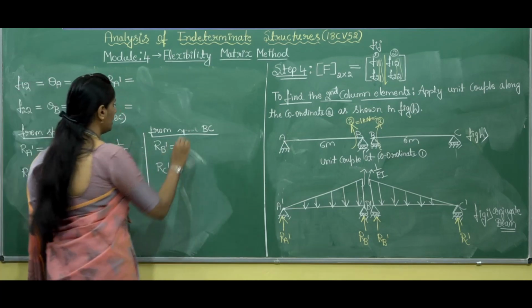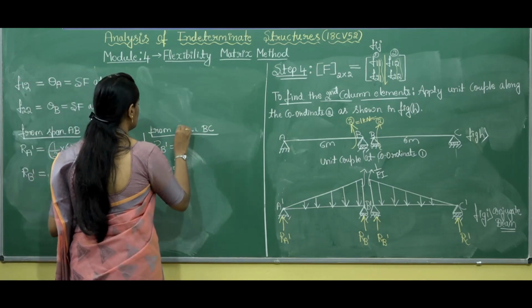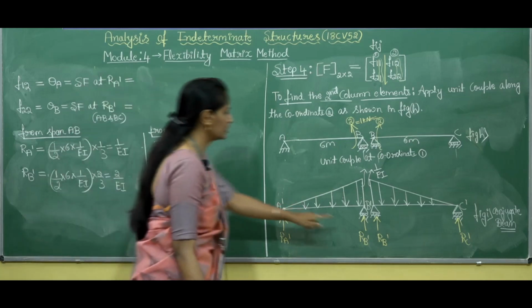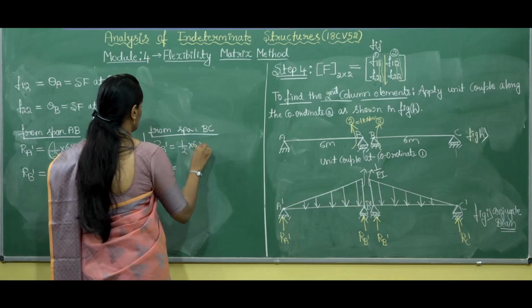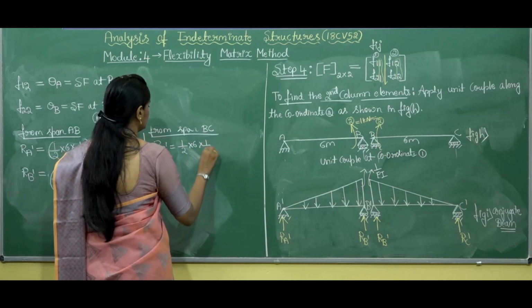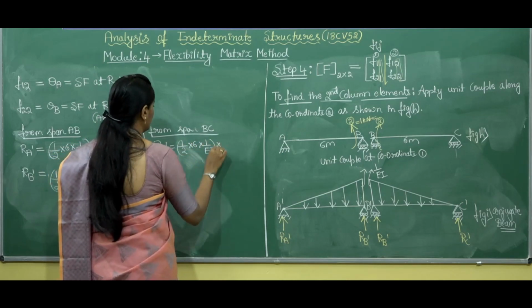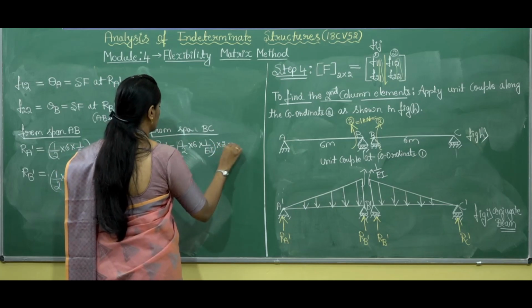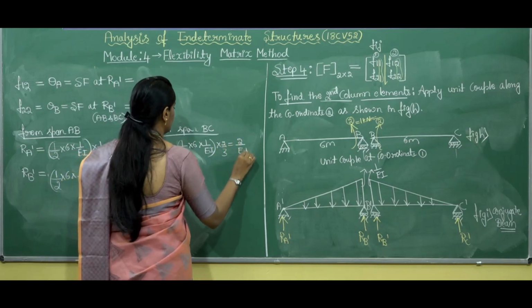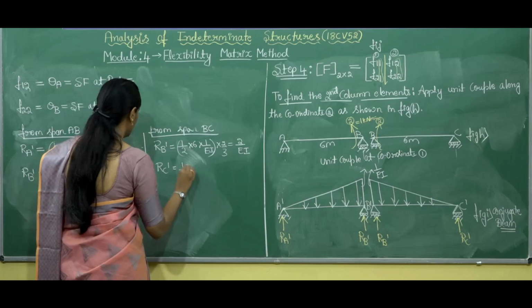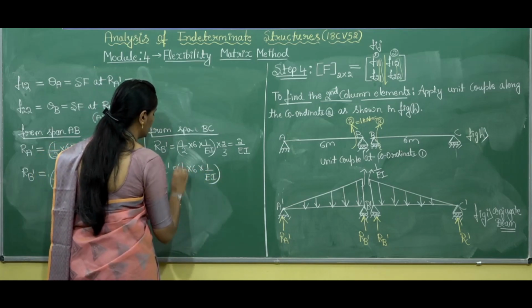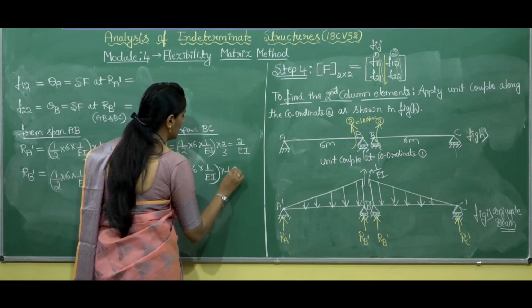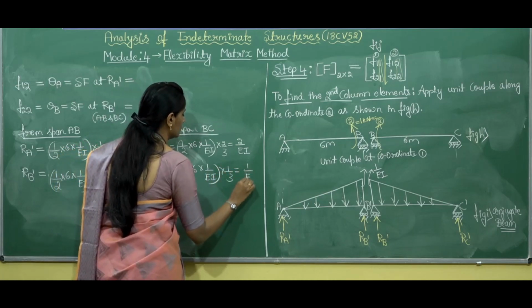So again from span BC, if you want to find out the RB dash, again it is half into base into height, so multiplied by 2 by 3, so I'll get 2 by EI, and half into base into height multiplied by 1 by 3, I'll get 1 by EI.